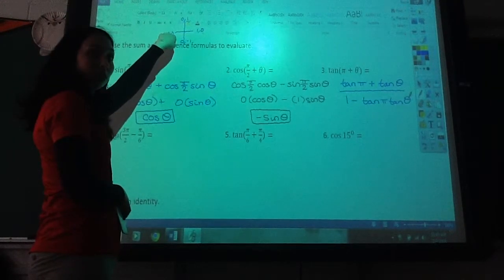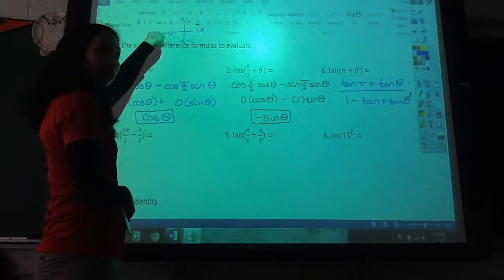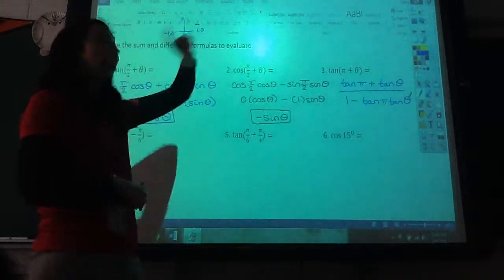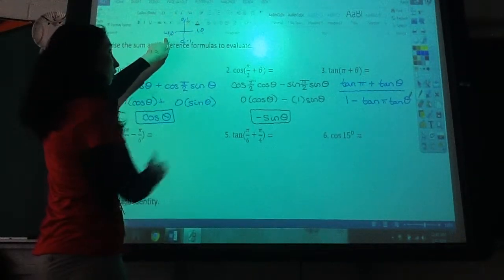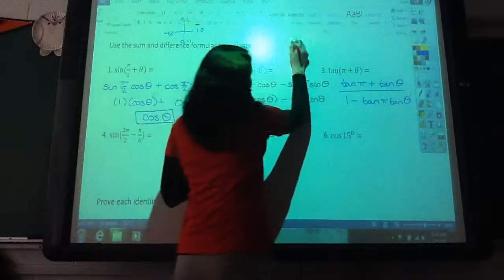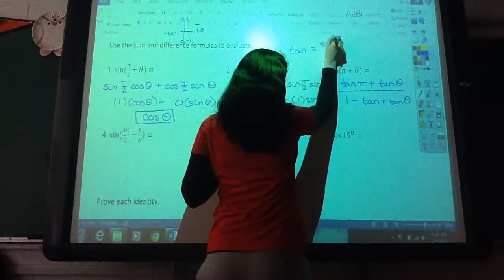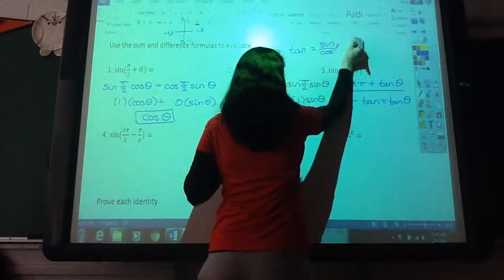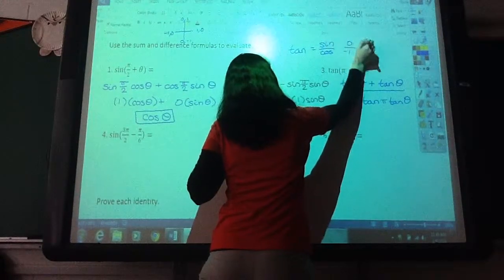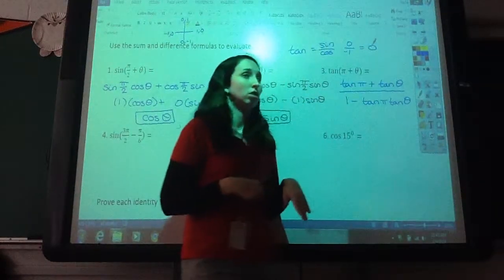Sine divided by cosine. So it should be 0. Guys, sine is 0, cosine is negative 1. Tangent is sine over cosine. The sine here is 0, the cosine is negative 1, so my answer is 0.